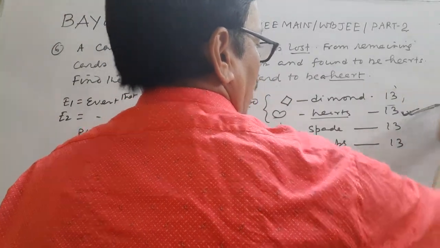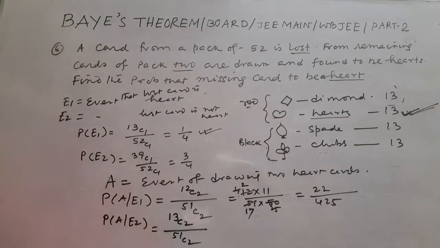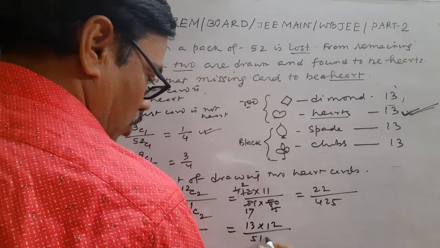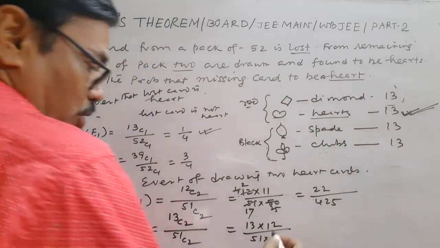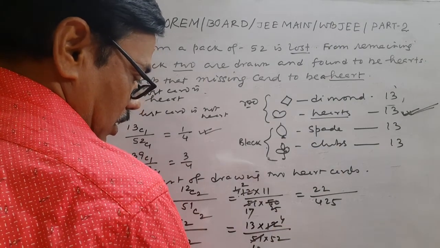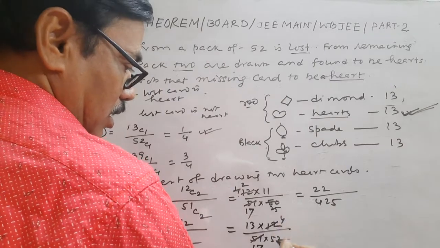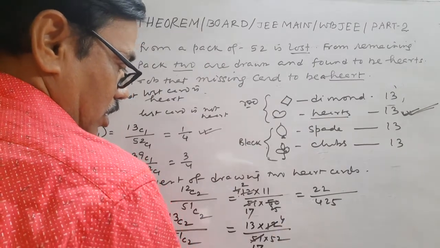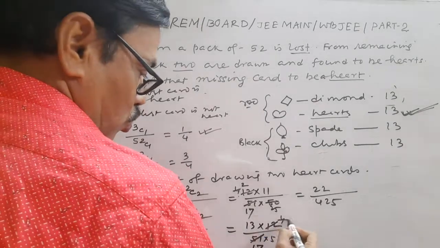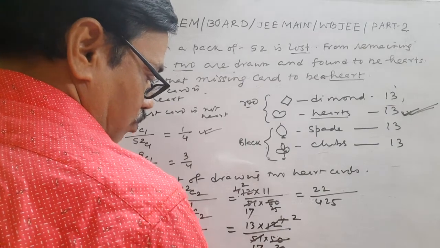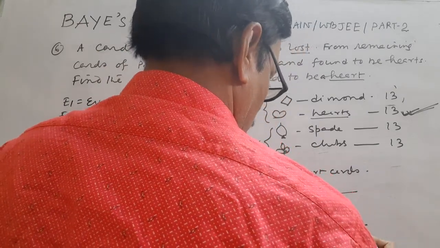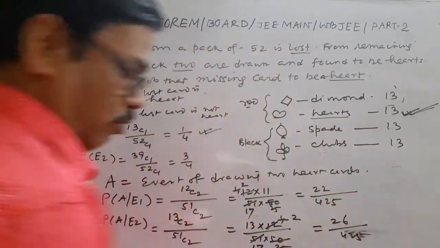So this is 13 into 12 by 51 into 50. So this is 4 and this is 17, and this is 2, this is 25. So 26 by 425.